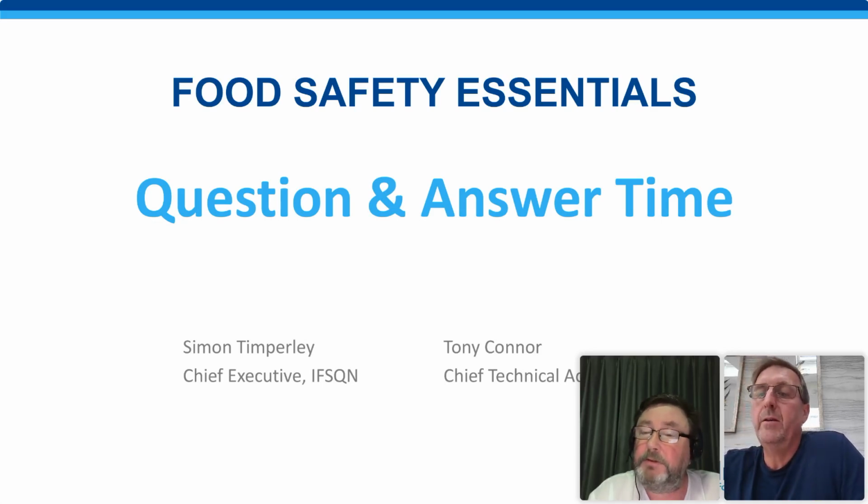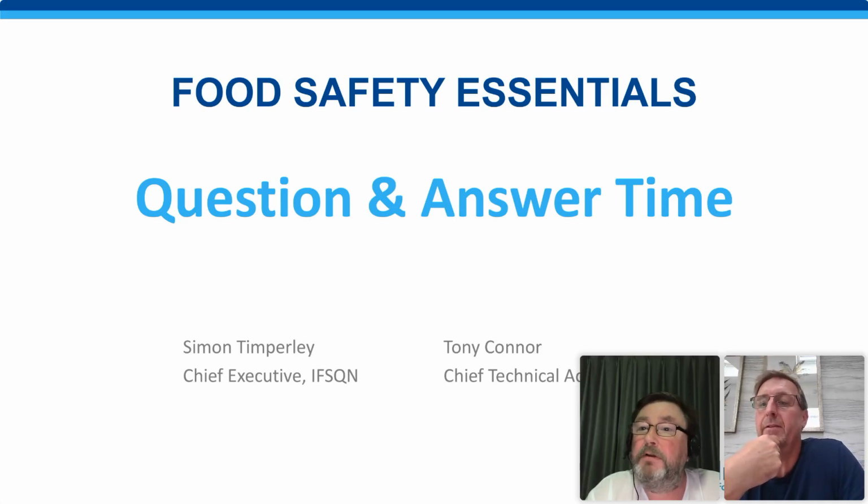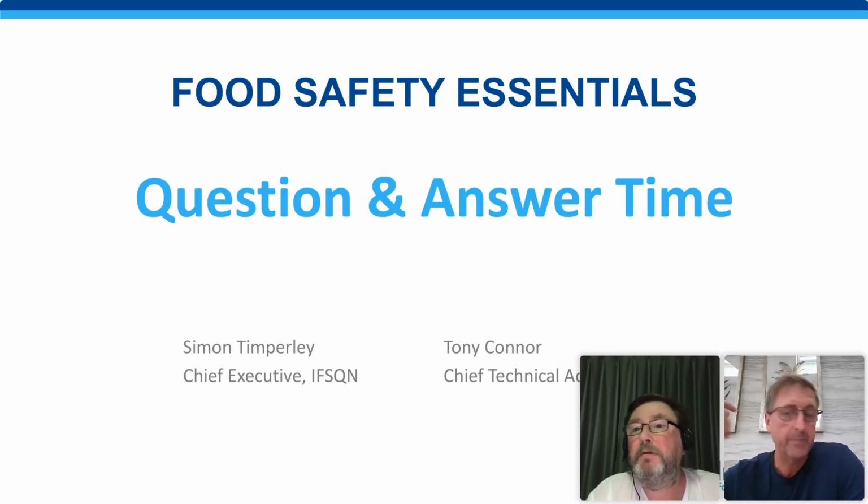Question from Pauline. Can a company prepare a HACCP checklist to prepare ahead of any type of hazard that may occur in the future? Yeah, you can do a checklist of things that you want to check, which is obviously what you're doing in your preliminary steps.